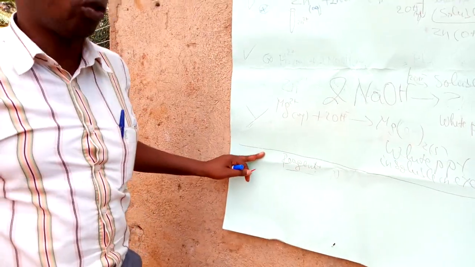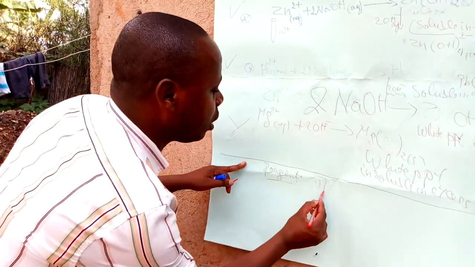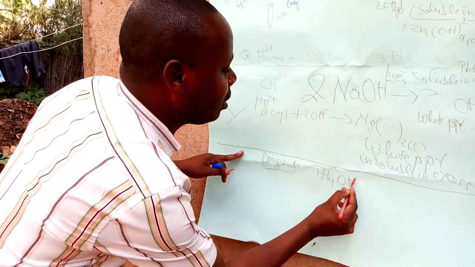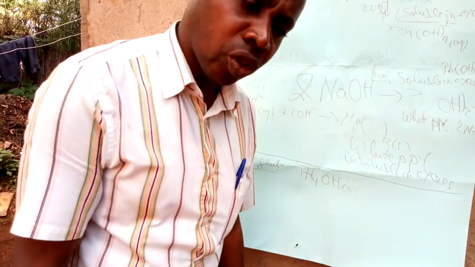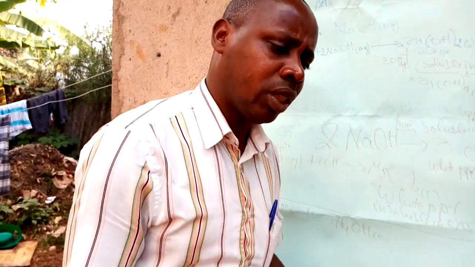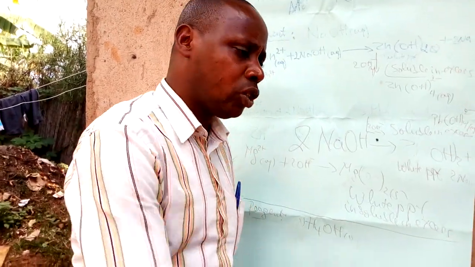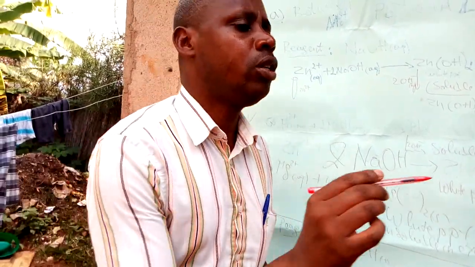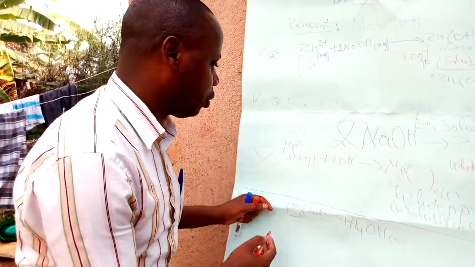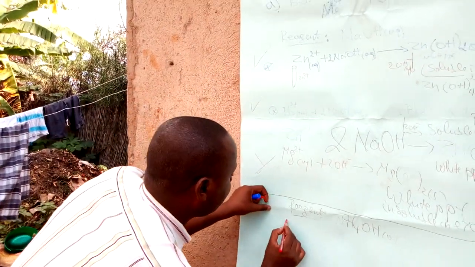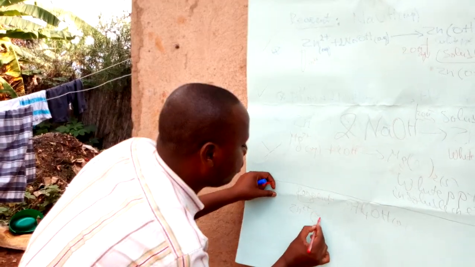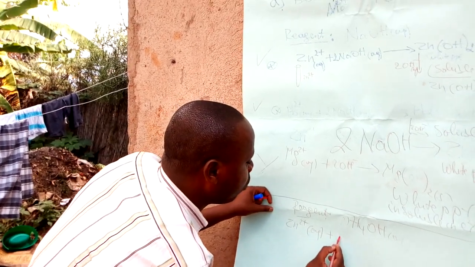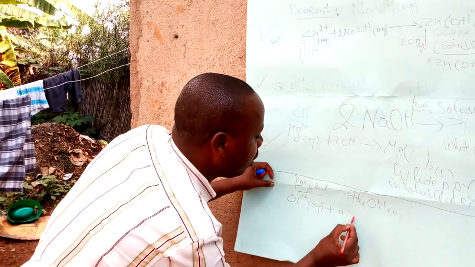If ammonia solution is added, on the side of zinc there is formation of a tetraammine zinc complex, but on the side of lead there is no observable change. On the side of the zinc ion, you add 4 ammonia.